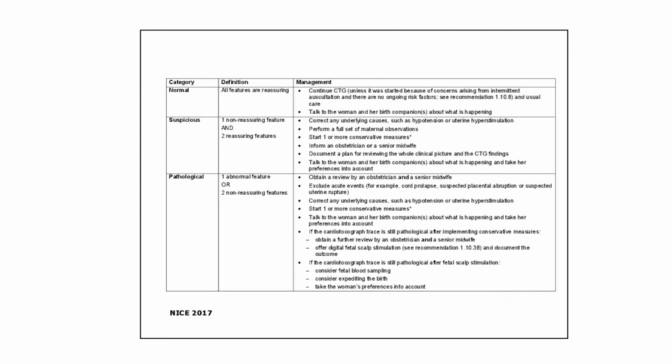So once you classify the features, how do you classify the whole tracing? Remember, NICE or RCOG and lots of other organizations ask you to look at the baseline rate, the baseline variability, and the decelerations, and classify each of those as reassuring, non-reassuring, or abnormal.